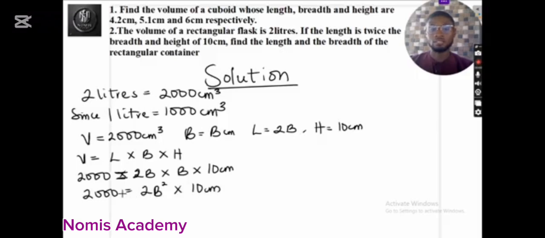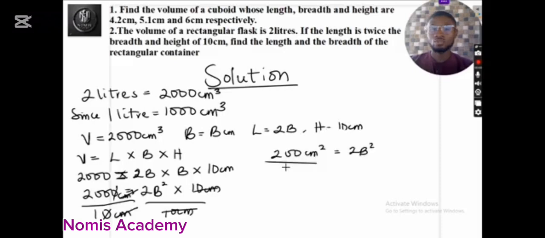So divide both sides by 10 centimeter. 0 cancels 0. So at this side, I'm left with 200 centimeter cube.